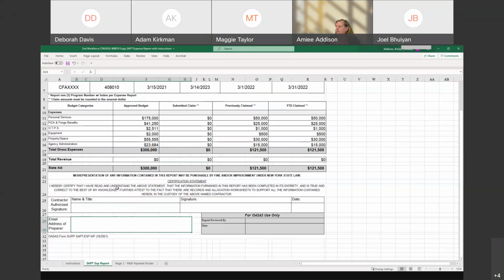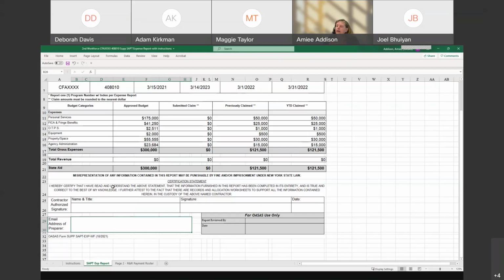All documentation must be legible. All records and documentation must be maintained by the contractor to support all expenses incurred in performance of this contract, including those for which no supporting documentation is required for submission as part of an expense report.